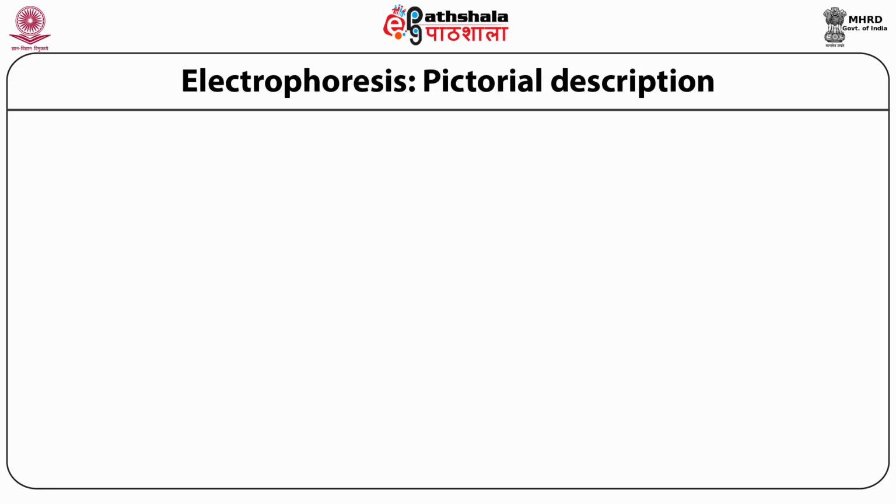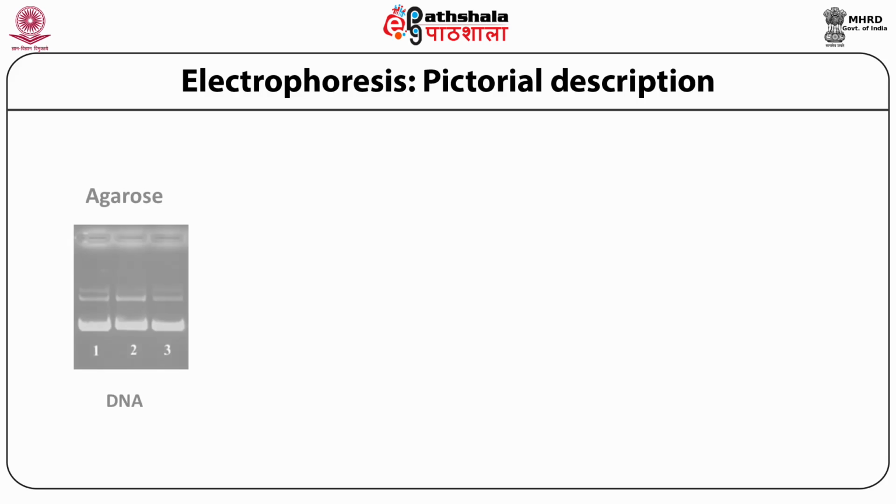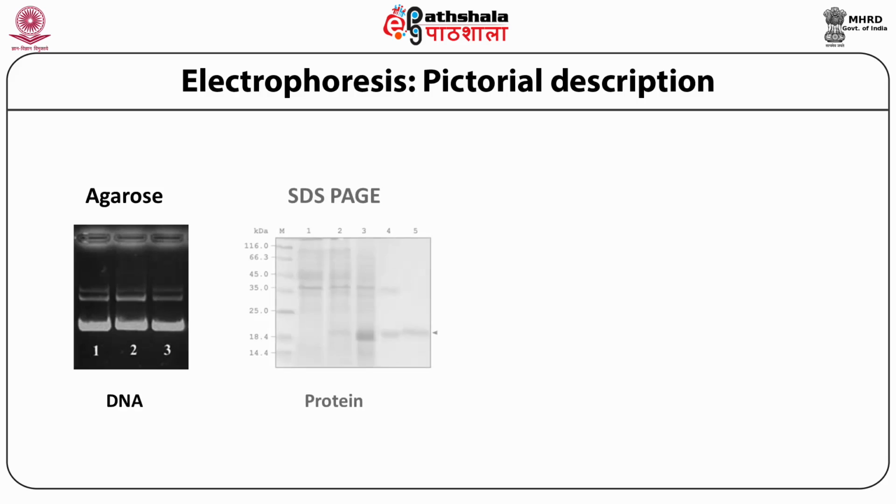Here we try to give a brief insight into the electrophoresis that we are going to learn by a pictorial description. First, we have the agarose gel electrophoresis that is used to run and study aspects of the DNA. Second, we have SDS-PAGE where we study the molecules called proteins.